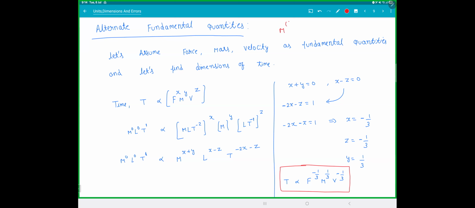M power something, L power something, T power something, isn't it? Energy is M power 1, L power 2, T power minus 2. So we don't know what those powers are. So I said, let the powers be F power X, M power Y, V power Z. And then we are trying to find X, Y, Z. Making sense?